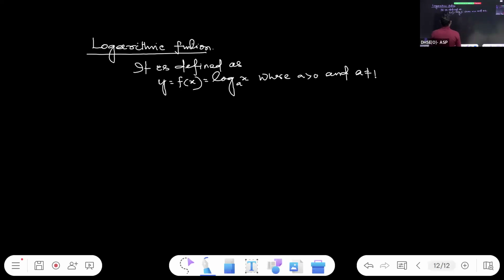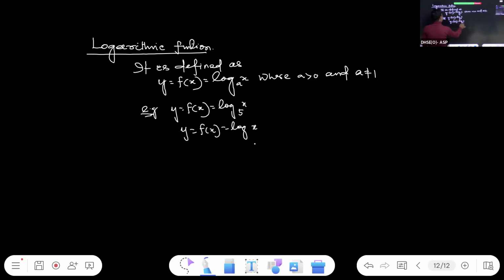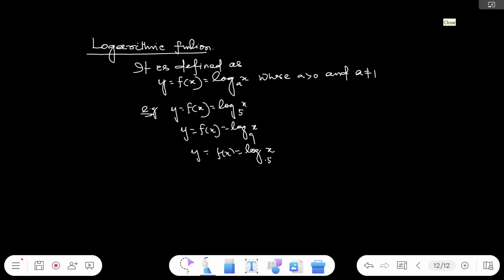For example, y is equal to f of x is equal to log x to the base 5. y is equal to f of x is equal to log x to the base 9. y is equal to f of x is equal to log x to the base 0.5. These are logarithmic functions.